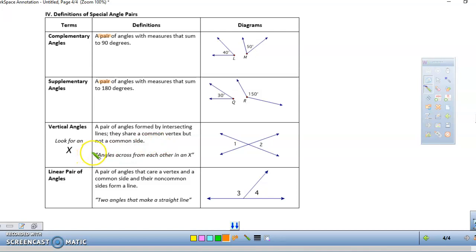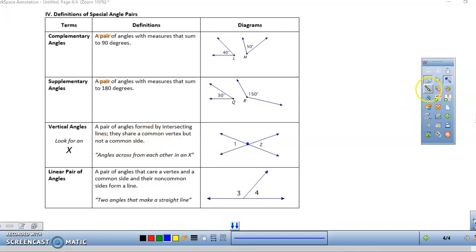Vertical angles. So this actually has a really complicated definition. We're going to read through it and sort of explain it, but then we're going to ignore the technical definition and just go with the shortcut definition. So vertical angles in this picture, these are vertical angles, angles 1 and 2. Technically it's a pair of angles formed by intersecting lines. So we have two intersecting lines and they share a common vertex, the corner of the angle, but not a common side.